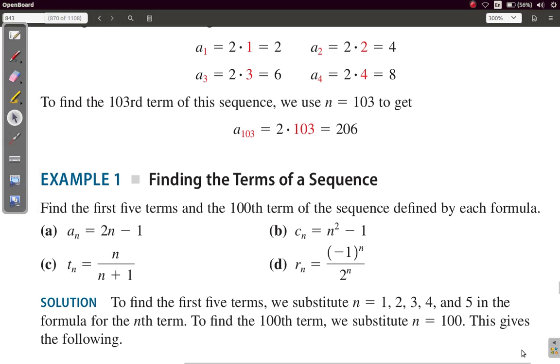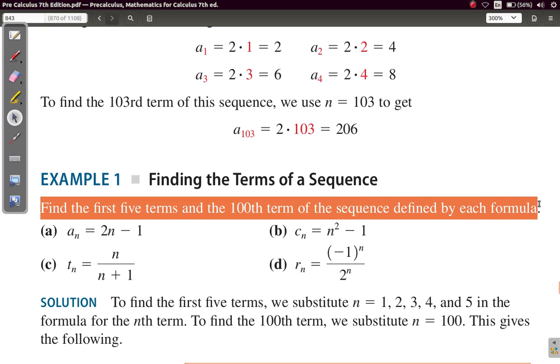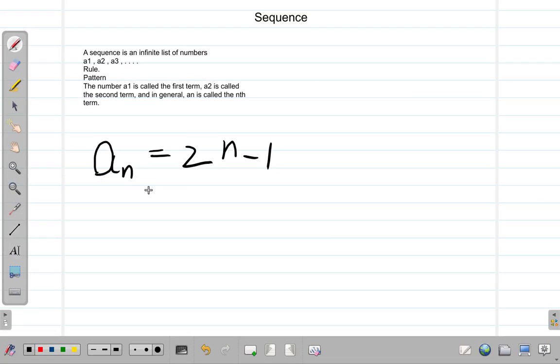Now you are asked to find the first 5 terms and the 100th term of the sequence defined by each formula. I'm going to ask you to work this out, but do not look at the textbook. Do not look at how they do it.